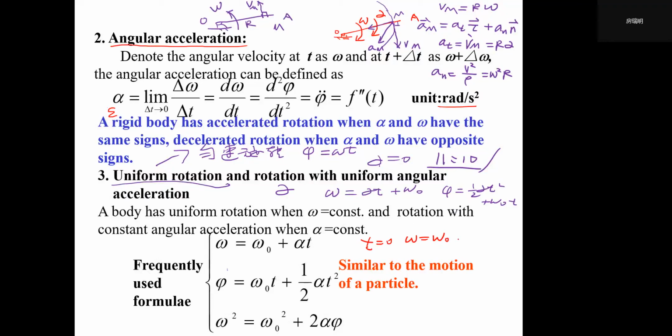So this means boundary conditions. And another is this one. Because we know omega equals d phi dt, we only need to integrate this expression, and we can get phi equals omega 0 t plus one half alpha t squared.